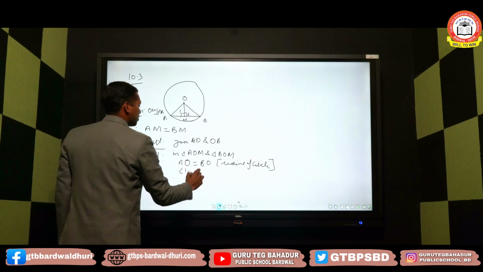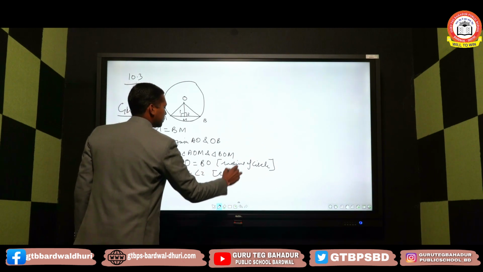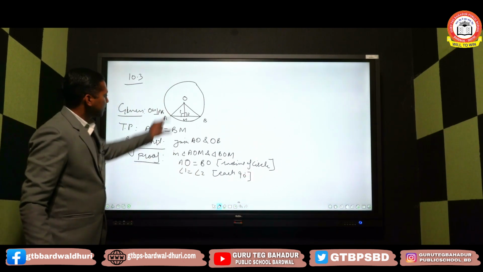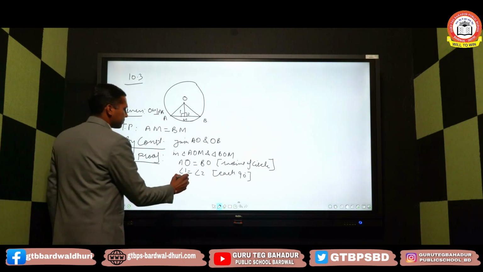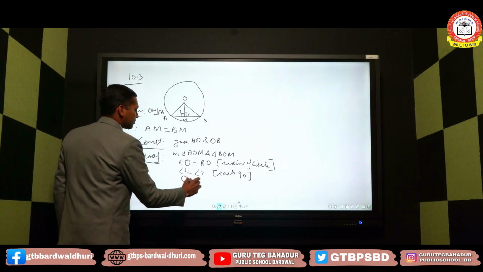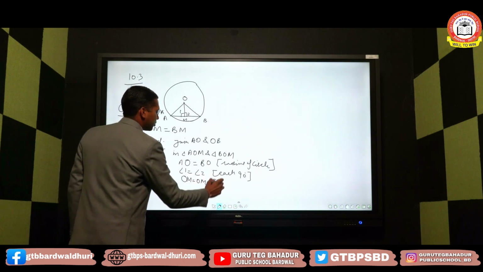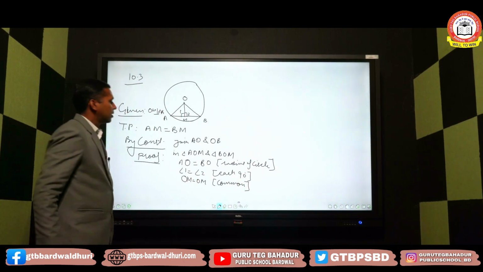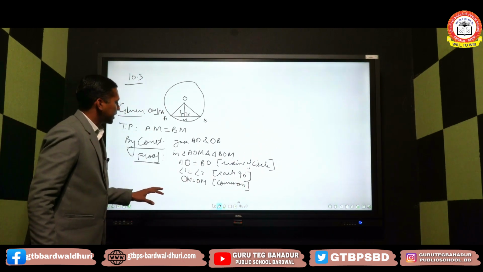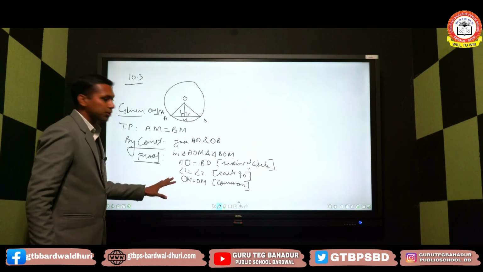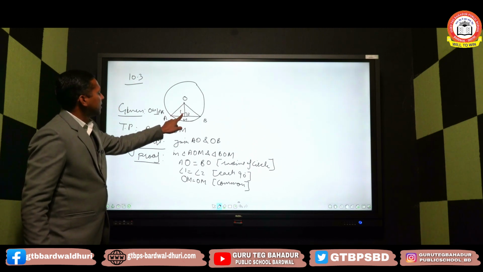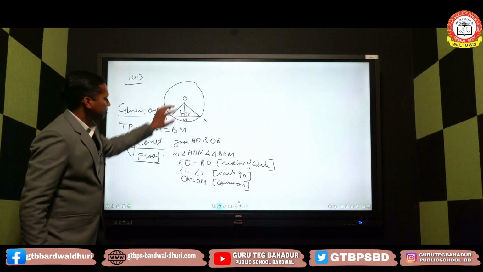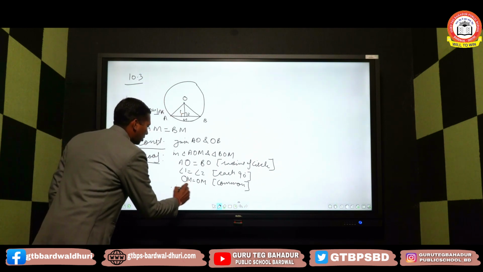So angle 1 is equal to angle 2. Why? Each is 90 degrees, already given. What would be the third? OM is equal to OM, which is common to both triangles. To prove two triangles congruent, we have five congruence rules and any one should exist here. So by RHS, R right angle, H hypotenuse and S side, these two triangles are congruent to each other.